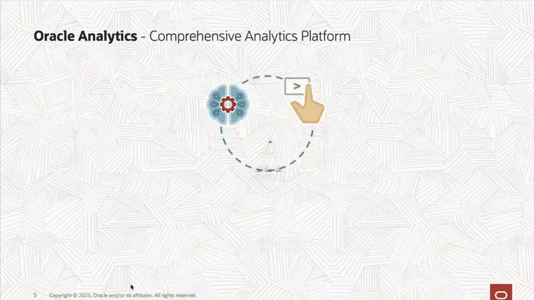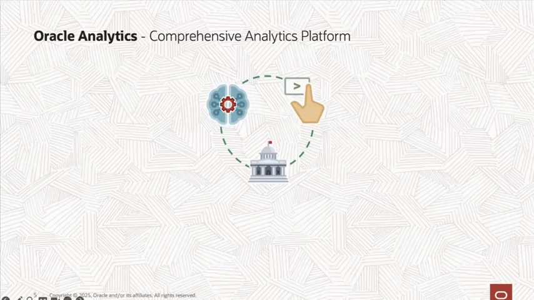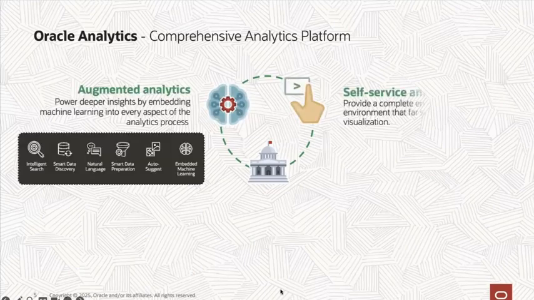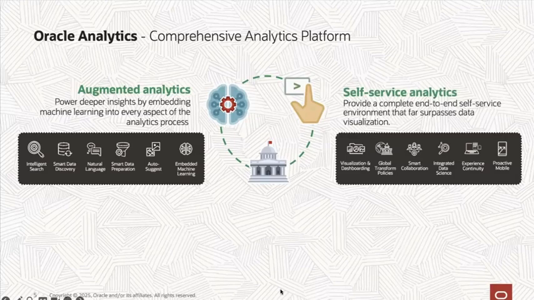So let's jump right into our overview of Oracle Analytics Cloud. OAC can be thought of as a comprehensive analytics platform. It provides you capabilities for augmented, self-service, and governed analytics. For augmented analytics, that's essentially when we have embedded machine learning into different aspects of your analytic process or workflow.